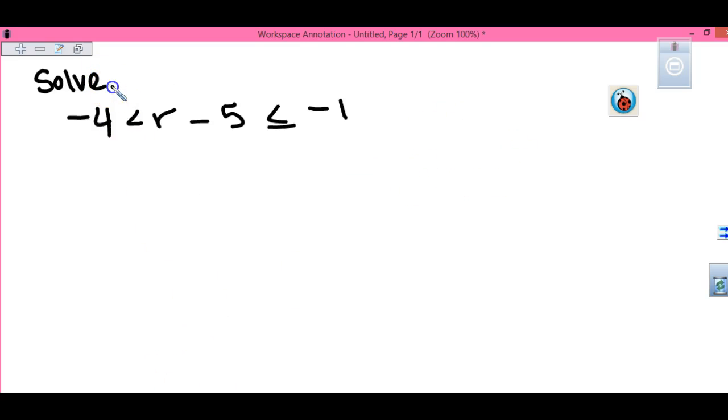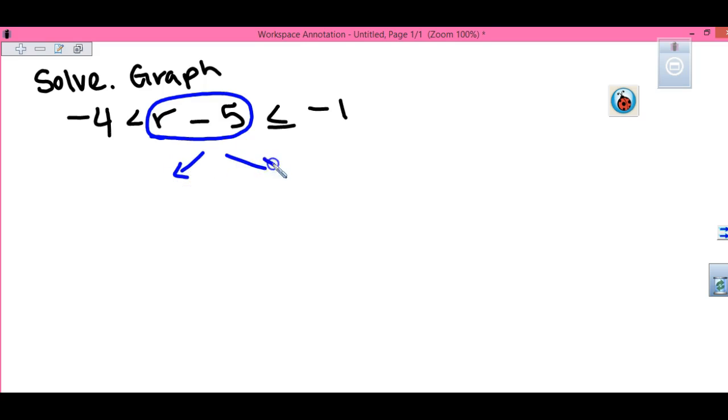We need to solve and then graph. -4 is less than r minus 5, less than or equal to -1. Right here, r minus 5 is what they're sharing. This means we can rewrite this compound inequality as two inequalities. -4 is less than r minus 5, and r minus 5 is less than or equal to -1.